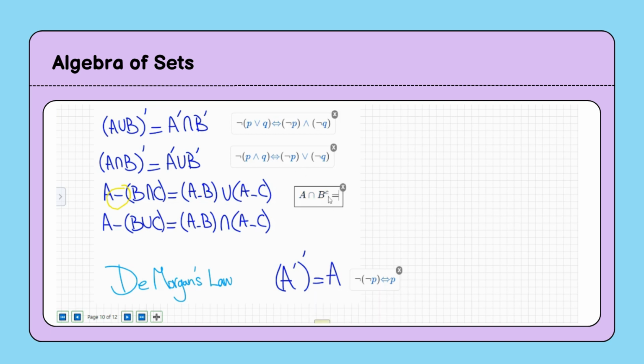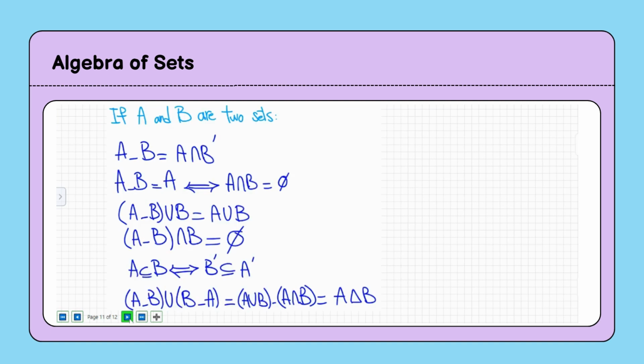So this is why this kind of works like the De Morgan law as well, because you have the complement here. And also don't forget that as we have not not P is the equivalent to P, the complement of the complement of A is the same as A as well.